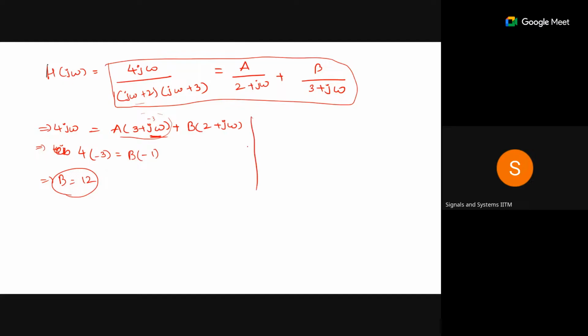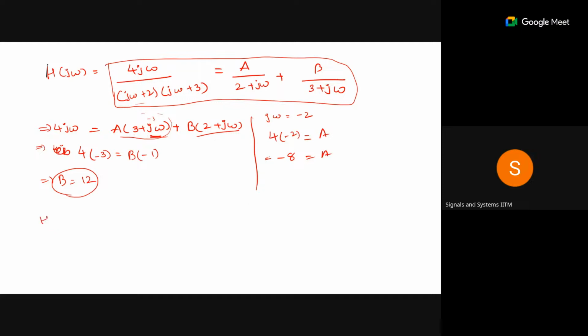Similarly, if we substitute j omega as minus 2, then we get 4 into minus 2, which is minus 8. Here the b term will go to 0 since we are taking it as minus 2, and 3 minus 2 will be 1. So a will be minus 8.